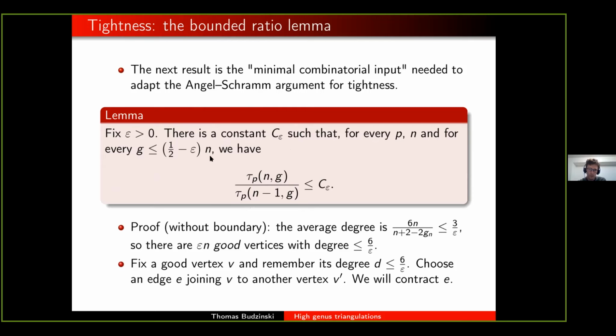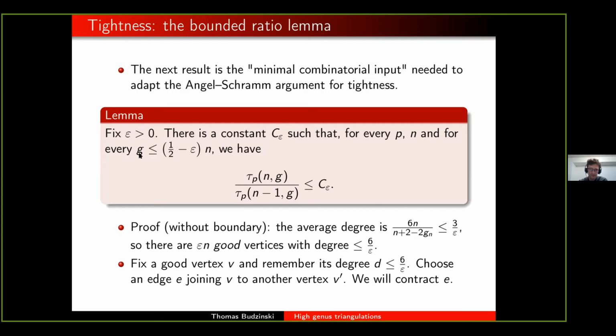So here, what we did is that we looked closely at this paper of Engel and Schramm and identified the important property that is needed to obtain tightness. And this important property is actually that the ratio between the number of triangulations of size n and genus g and of triangulations of size n-1 and genus g is bounded. So this is what we call the bounded ratio lemma.